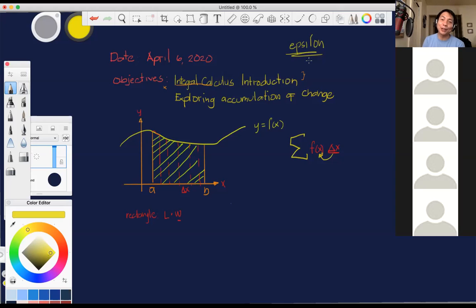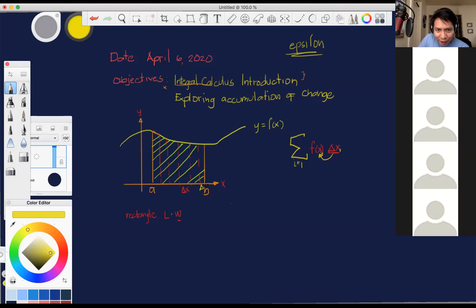So it's the epsilon. What that means is, it's the summation where we start with our delta x sub i, when i starts with 1, and then it goes all the way.